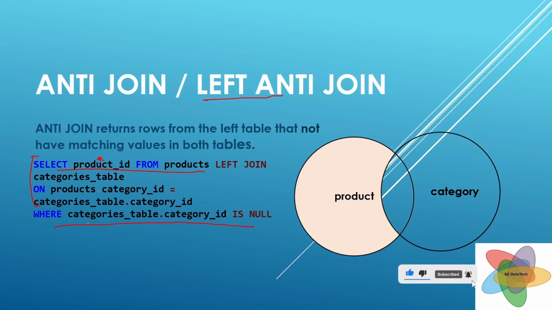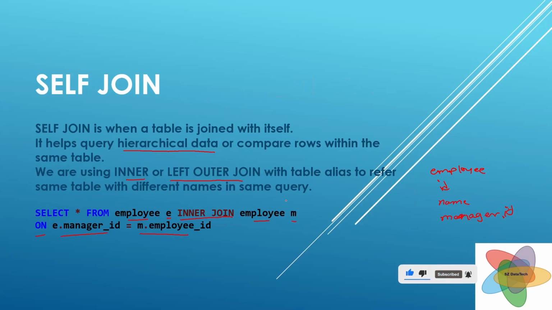The first change is we have added a where clause with an is null check, and rather than applying star, we consider the columns only from the product table. Okay, so let's do some practical work to understand joins in more detail by using practical examples.